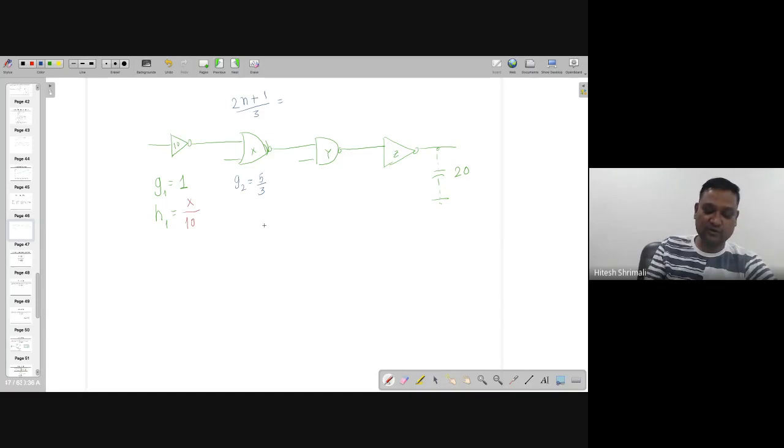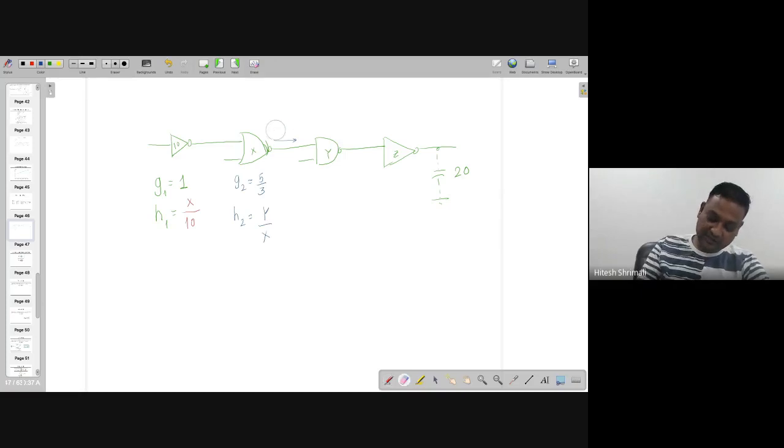I'm not going back to find out how it's 5 by 3, but you can follow this equation and find out 2n plus 1 by 3. Now the output of this one is seeing this NAND gate whose capacitance is Y, and looking at this one, it's X. So this is the logical effort of this one.